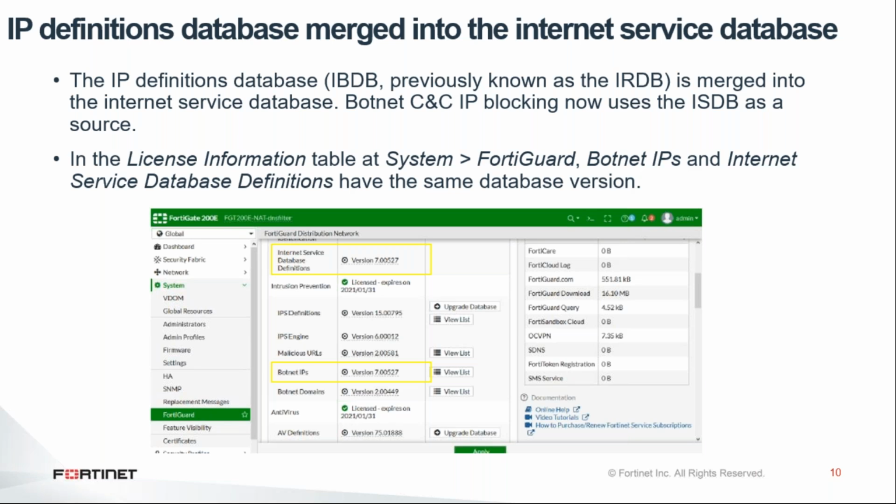It means that in the subscription part, like you can see here on the small screenshot on the FortiGuard, you have this Internet Service Database number 7, etc. And the botnet database is also 7, etc. It means that the botnet database will be fed by the Internet Service Database. It's a good evolution.